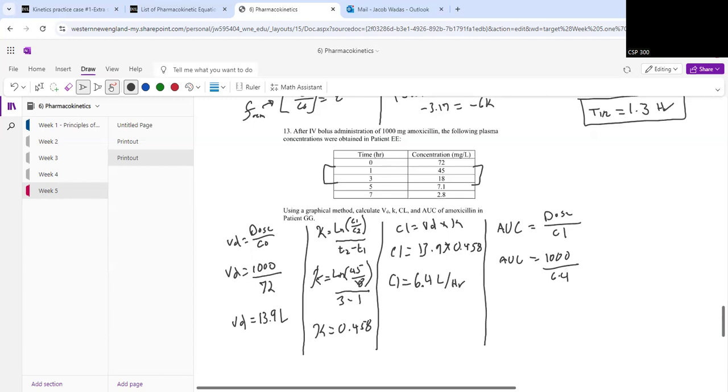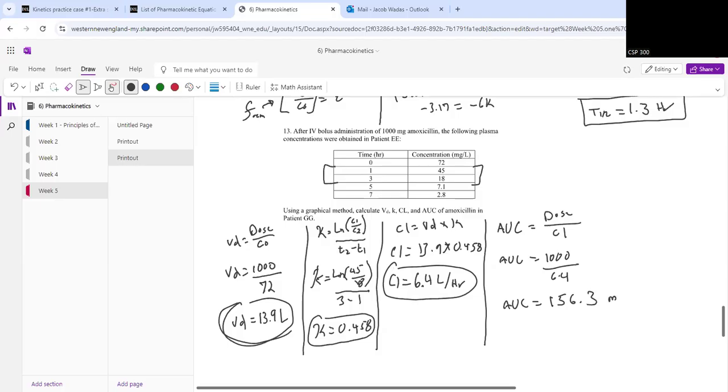Shout out the answer if someone gets it for AUC. That one was 6.3. Did you guys get this answer?